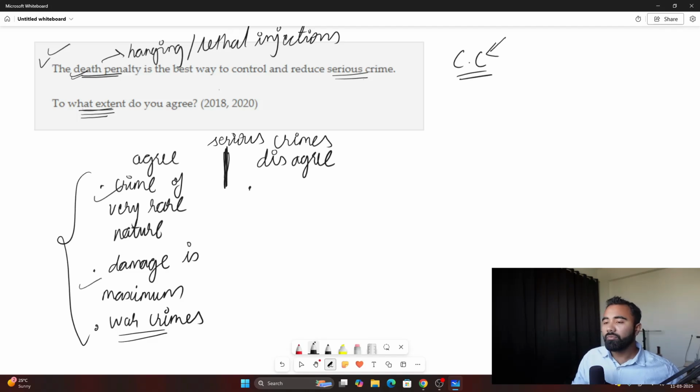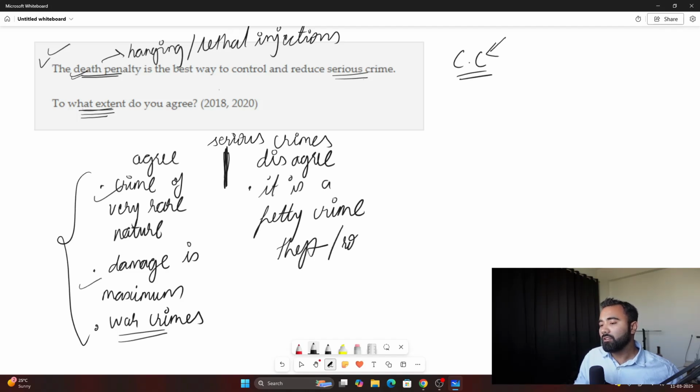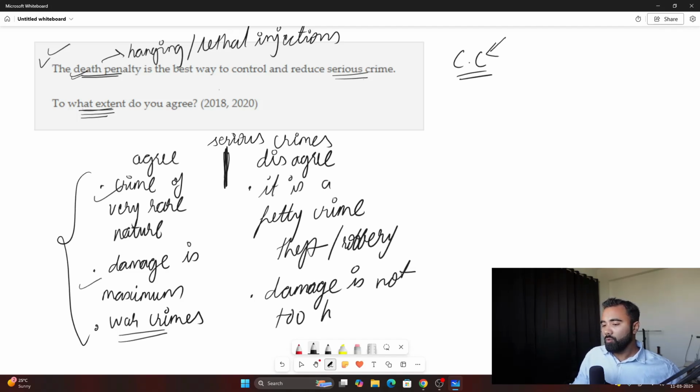But I will disagree with this statement if it is a petty crime such as theft, robbery, something where damage is not too high.